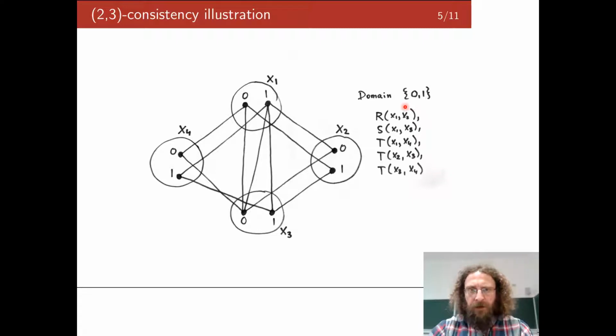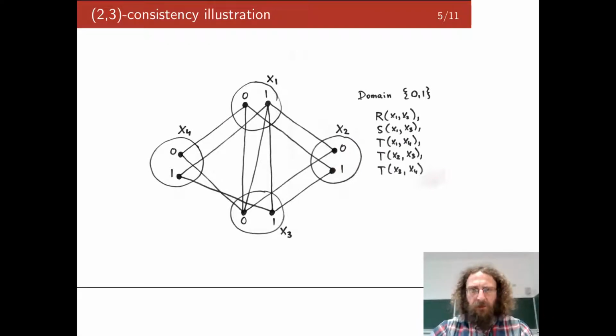The variables are x1, x2, x3 and x4, and the constraints are drawn by lines. So for example, R is the disequality relation on 0, 1. So we have two possible evaluations, x1, x2 goes to 1, 0, or x1, x2 goes to 0, 1.